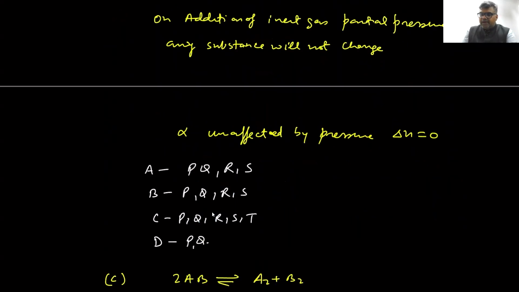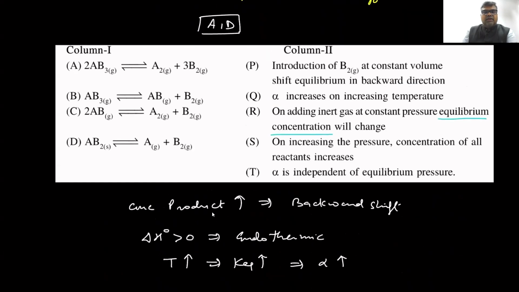Is that clear? While in option D, it is a heterogeneous equilibrium. So here, once equilibrium is maintained, again, okay. In this case, the equilibrium is affected. So gaseous concentrations are dependent on the solid concentration. So again, equilibrium will be attained and will reach the same concentration level that was present earlier, because the denominator term is not there.